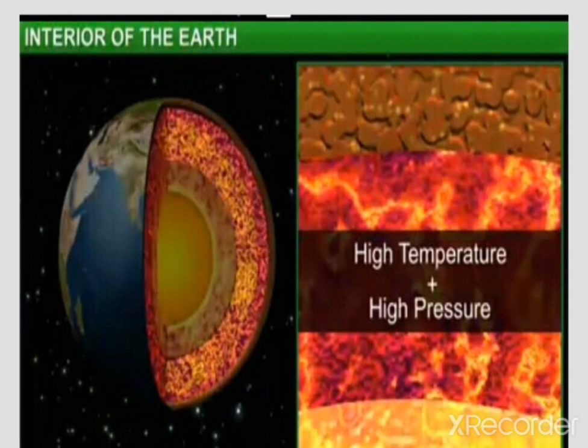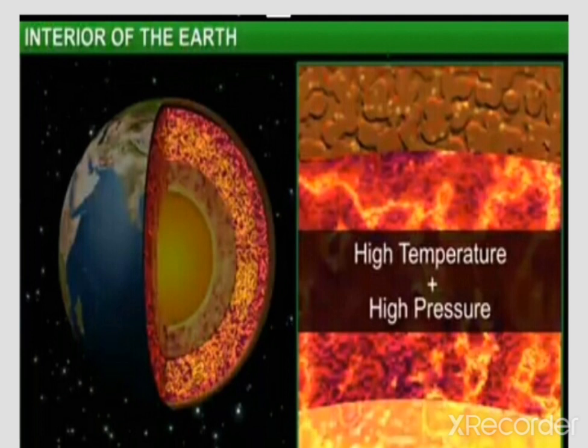This layer is made up of viscous material, material in which there is a sudden change in structure and density. And what is the reason behind that? The high temperature and high pressure located in this layer. This is the reason behind that.